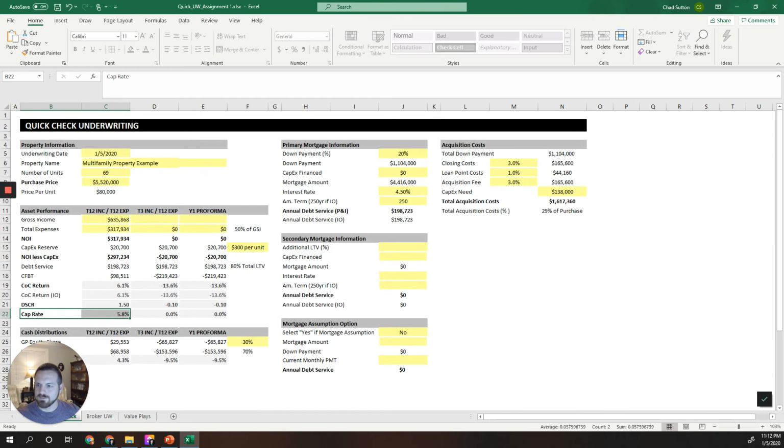So before I go iterate, let me explain one more thing in this template. Usually when brokers give you their numbers, they're going to look at the T12 income and T12 expenses, which is basically the trailing 12, or the full annual statement of what those numbers were.